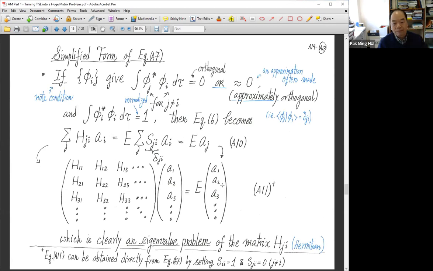Not a must. If our set is orthogonal, or very often approximately orthogonal, meaning we don't want to bother about this.